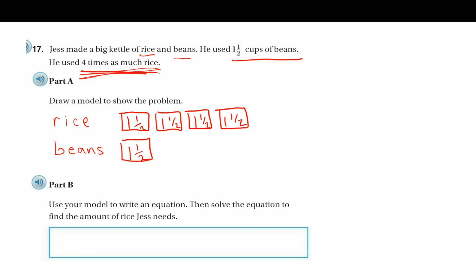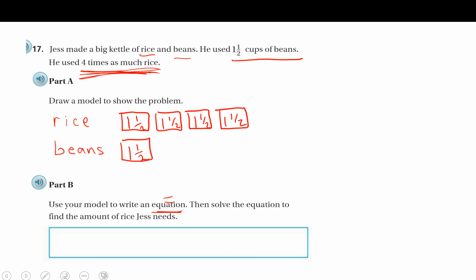So part B, use your model to write an equation, then solve the equation to find the amount of rice Jess needs. Okay, so here's our model. And we need to write an equation, so we know we're going to have an equal sign, and we're going to solve it. So basically we're going back to the question that they had us do in 17.